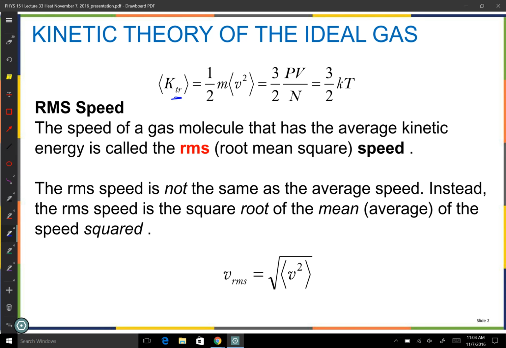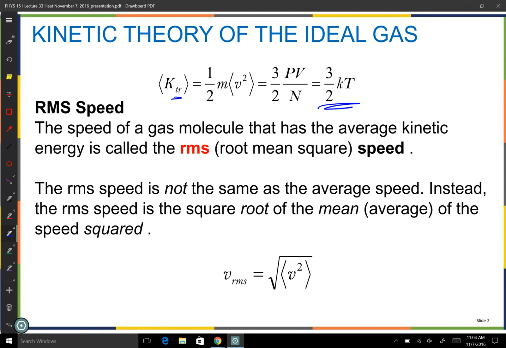So if the average translational kinetic energy is 3/2 kT, and I have capital N molecules, what would the total kinetic energy be? The average is this, and if I have N molecules, what's the total going to be?